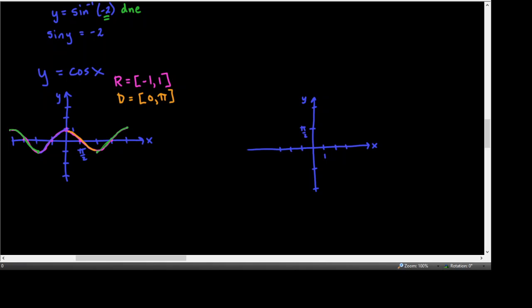So doing a switch of some ordered pairs, 0, 1 will go to 1, 0. Pi over 2, 0 will go to 0, pi over 2. And pi, negative 1 will go to negative 1, pi. And that is the graph of our inverse cosine function.